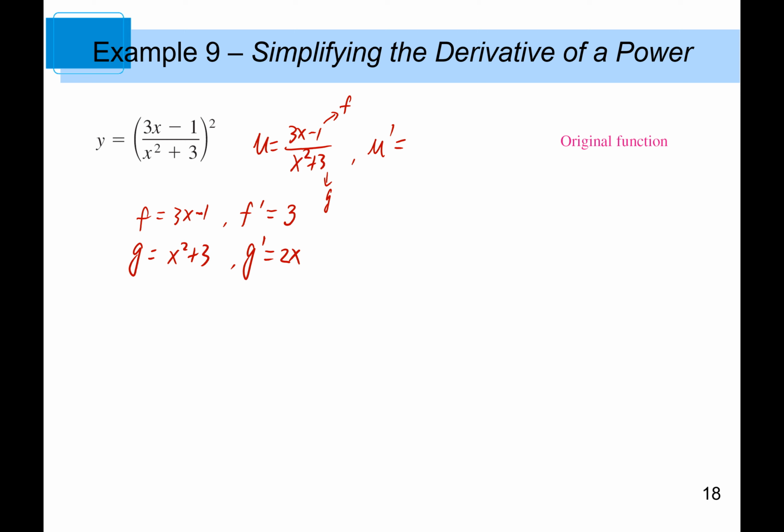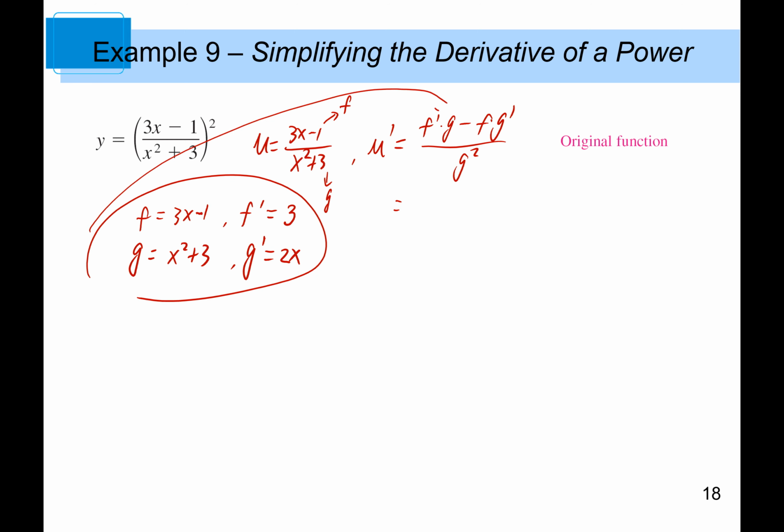Now we can apply the quotient rule. So f prime times g minus f times g prime over g squared. Then we plug everything in. So we have f prime, which is 3, times g, which is x squared plus 3, minus f, which is 3x minus 1, times g prime, 2x. And g squared is x squared plus 3 to the second.